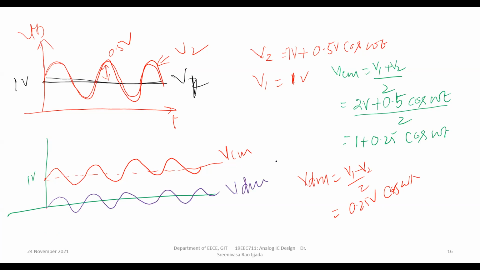VDS is 0 here. So this is the input. These are the common mode and differential mode. The common mode value is not always a DC value. Here the common mode value is an AC value, 1 plus 0.25 cos omega t.